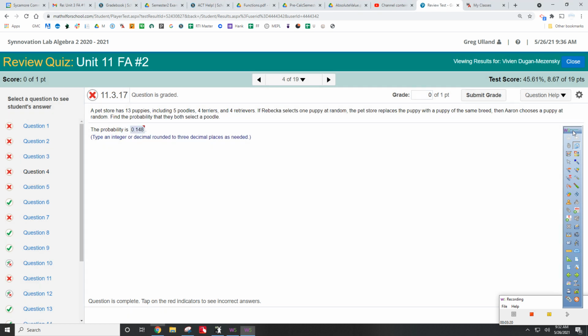A pet store has 13 puppies, okay? Now, all you need to know from reading all this... Okay, so you guessed the probability that someone gets a puppy. Well, I don't know where you got 2. You subtracted it out. What's the probability that you win a coin toss, me versus you? 50-50. Do you know the probability that you win 2 in a row?